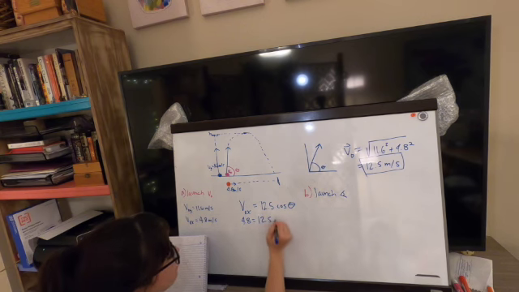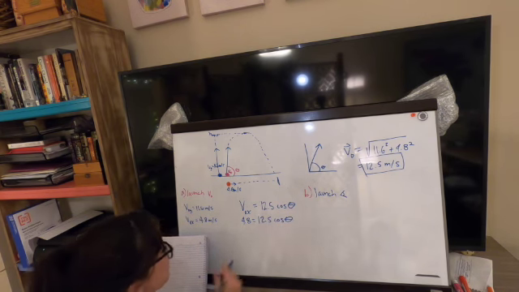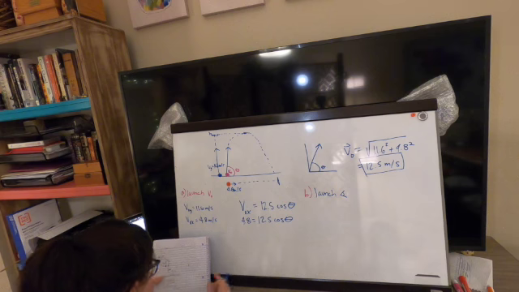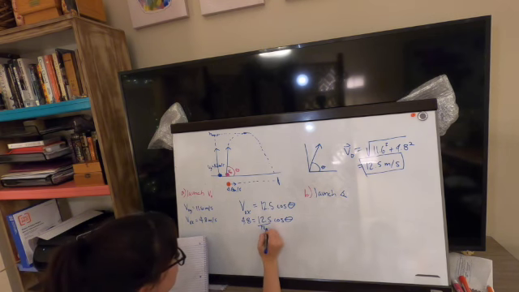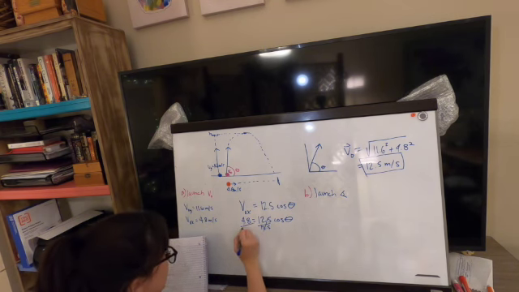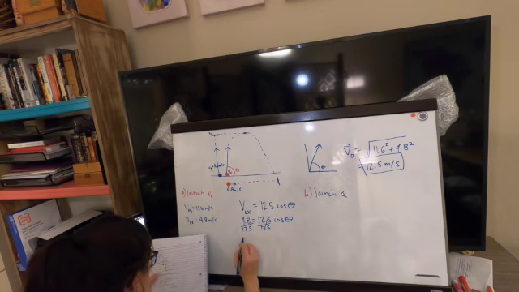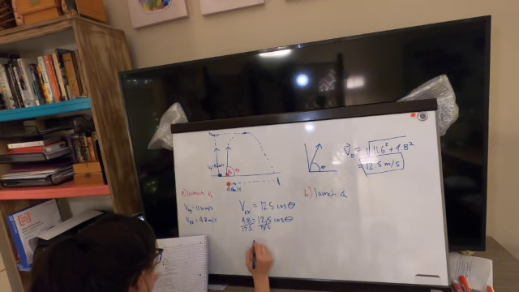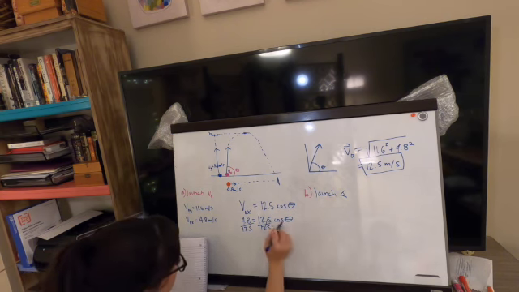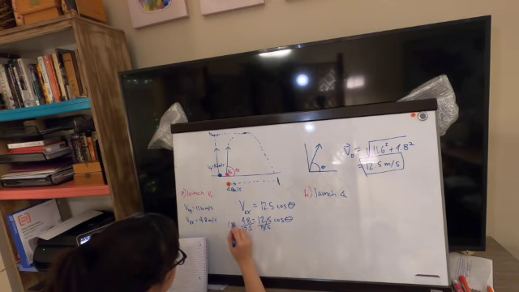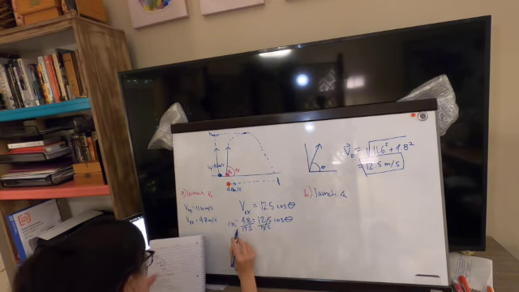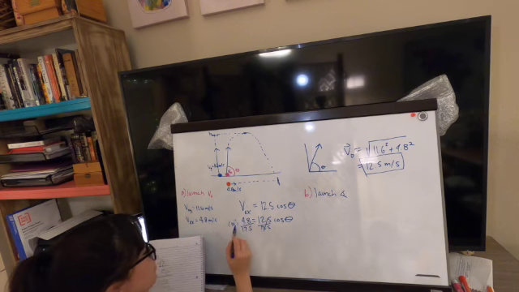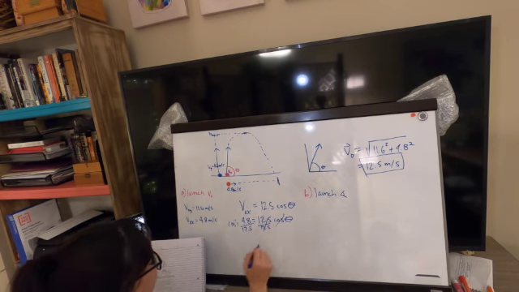Then 12.5 cosine theta. And you're going to do your math like you should. Get rid of that on that side. And then essentially you will be left with, oh, and cosine. You got to get cosine on the other side, so you got to do inverse cosine, on that side to get rid of that one.